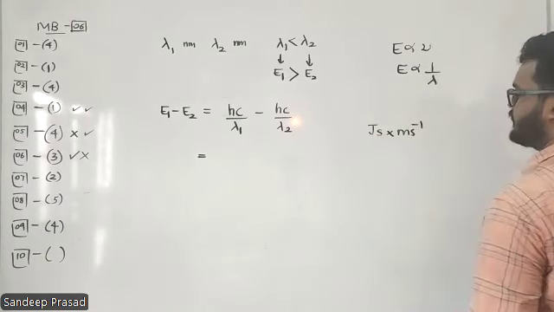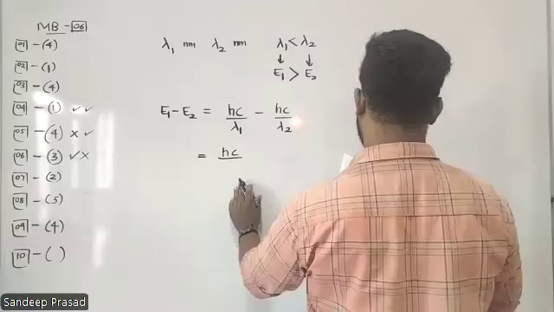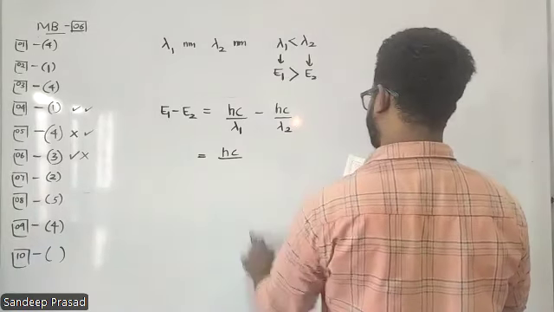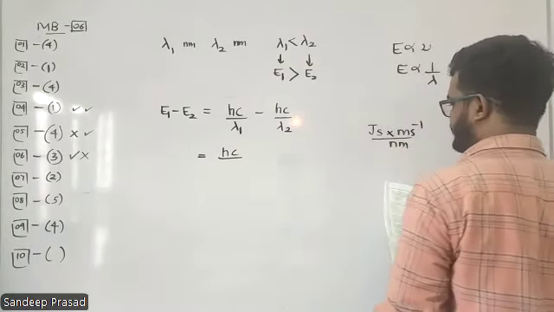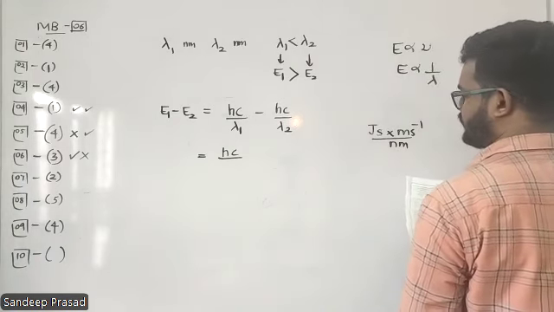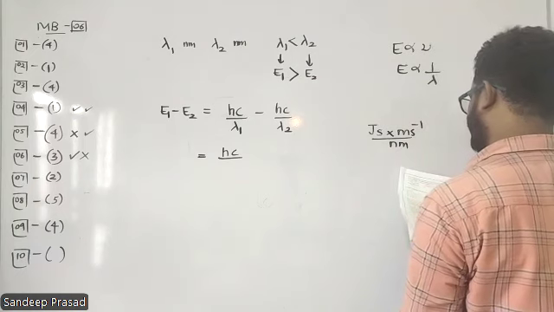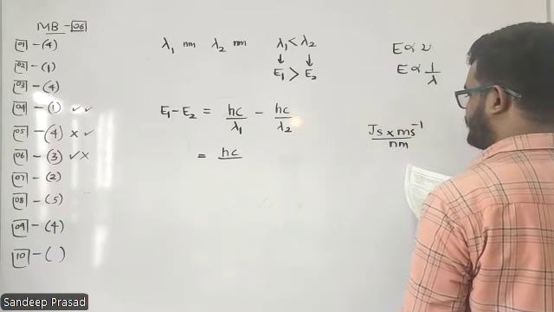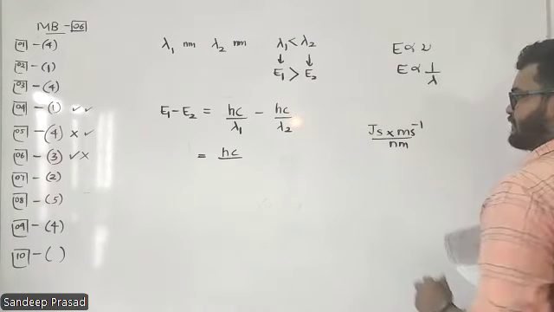And then they have given lambda 1 in nanometers, no? So we have to write hc over lambda 1, and lambda 1 is in nanometers, right? So we have to remove that nano, otherwise we can't convert that into meters.